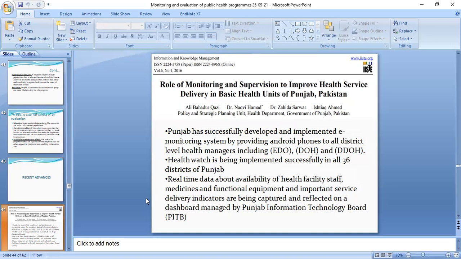It is called Health Watch, and it is being implemented successfully in all 36 districts of Punjab.